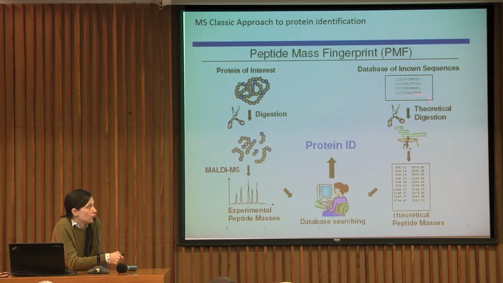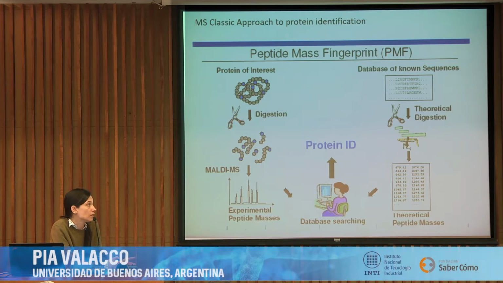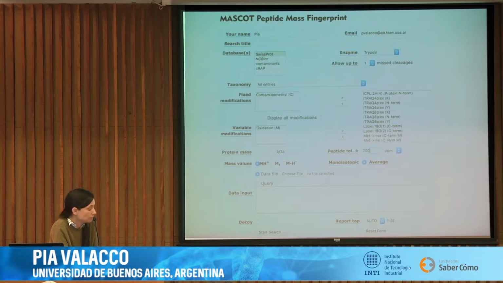We have to tell the software the enzyme that we used. So basically it will cut all the sequences at the sites where the enzyme cuts, and it will generate a theoretical peptide mass list. With the theoretical peptide mass list and the experimental peptide mass list, it will compare and look for mass matches, and it will generate a list of probable protein hits.